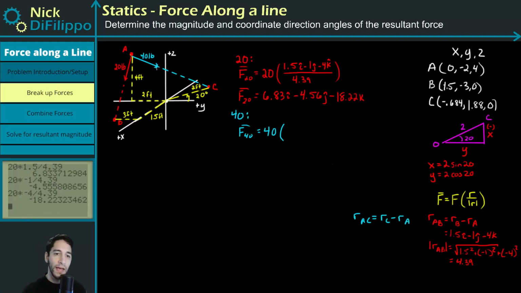Again, we subtract the tail from the head, so we start at where the head is. That's point C. And this is going to be equal to minus 0.684 minus 0, so minus 0.684i.